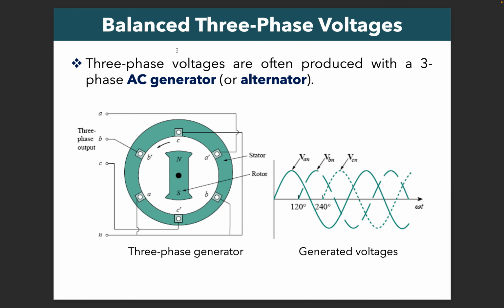So we're going to talk about balanced three-phase voltages. The three-phase voltages are produced by an alternating current generator, or an alternator. What happens is that if we place our magnet and surround it by coils and then rotate it, we produce voltages in three phases, right?